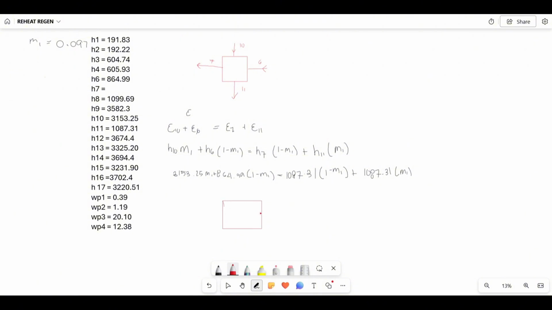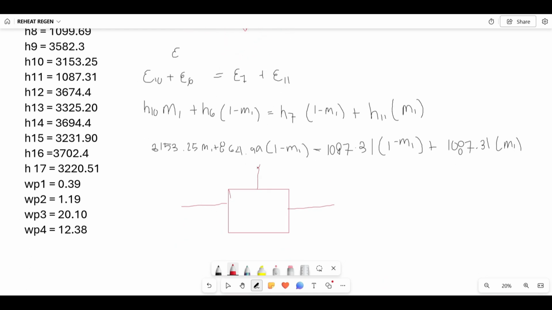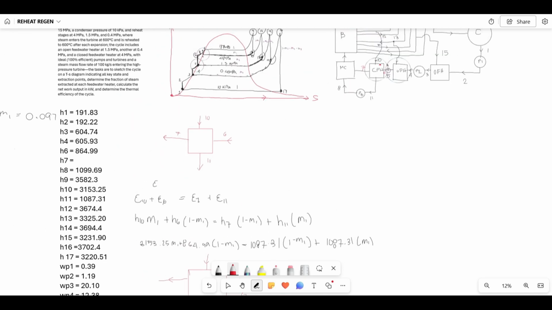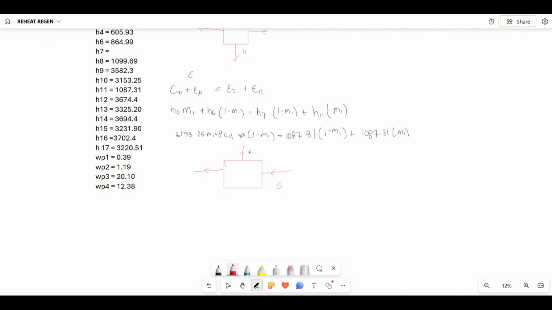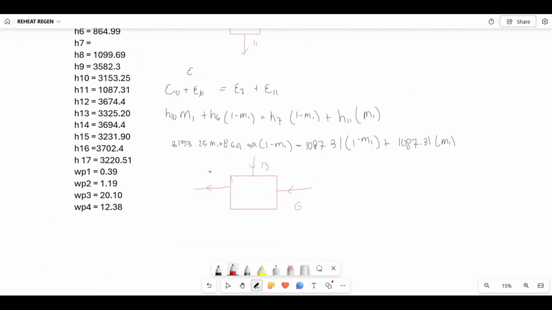This is another feed water heater. This one, that one, and that one. There are only 3 because it's an open one. Therefore, this is an entrance, this is an entrance, and this is the exit. We know that the entrance to that is 6, and the upper one is 13. And its output is 5.